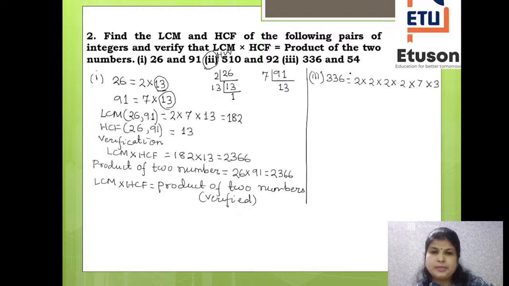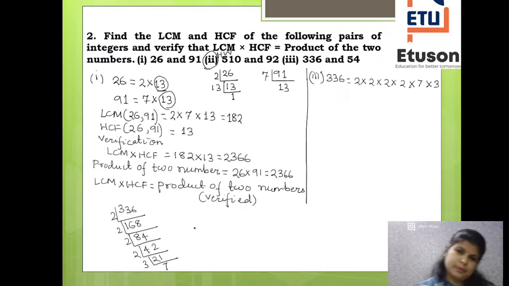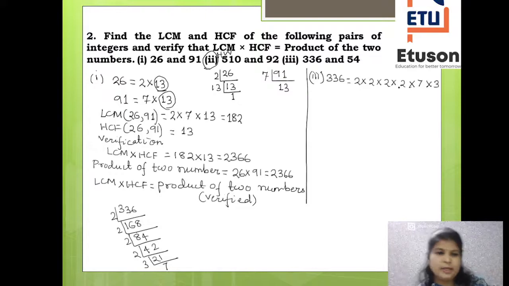Otherwise, I will do it for you. 336 divided by 2 becomes 168, then 2, then 84, then 2, you have 42, then 2, you have 21, then 3, and you have 7. Correct or not? Same thing I have just written.